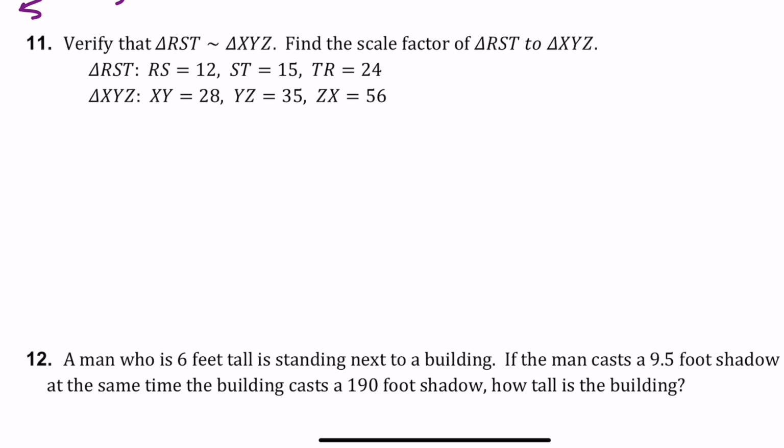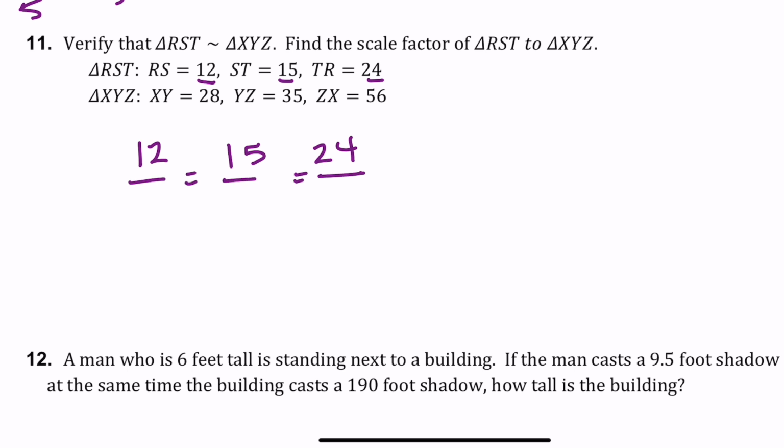On this next example, we're going to verify that triangle RST is similar to triangle XYZ. So we're going to find the scale factor of RST to XYZ. Okay, so let's go ahead and write all of the RST triangle sides on the top, 12, 15, and 24. Notice they are in order from smallest to largest.